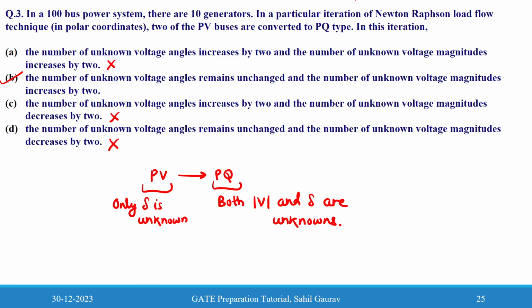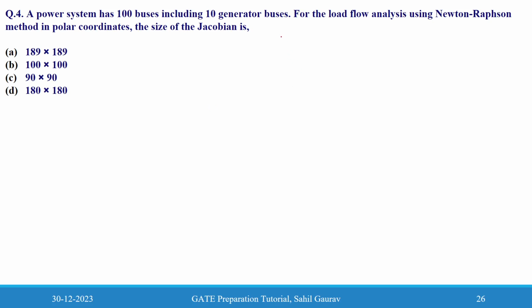This problem is asked in GATE 2016, 1 mark set 1, and this problem is also asked in GATE 2016, 1 mark set 2. So it is similar to the previous question. Just you have to find the Jacobian matrix size here.